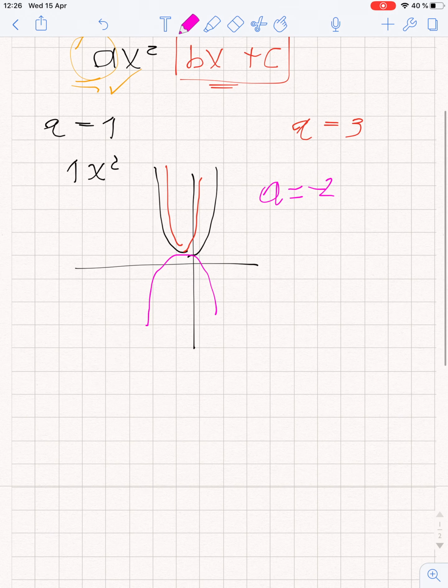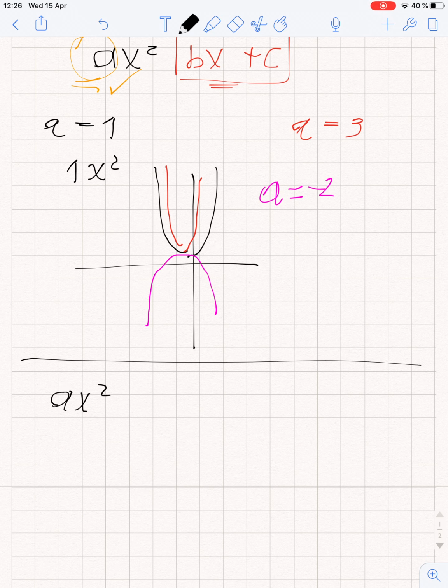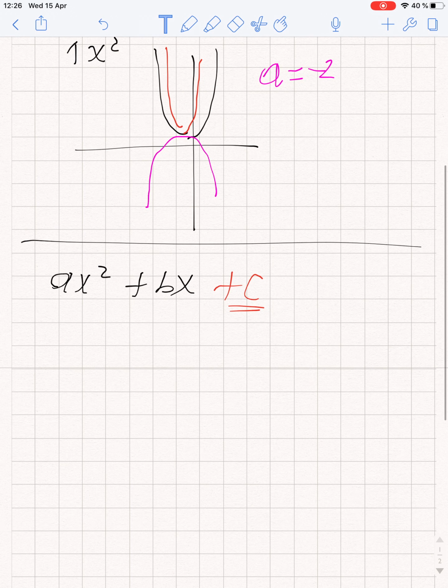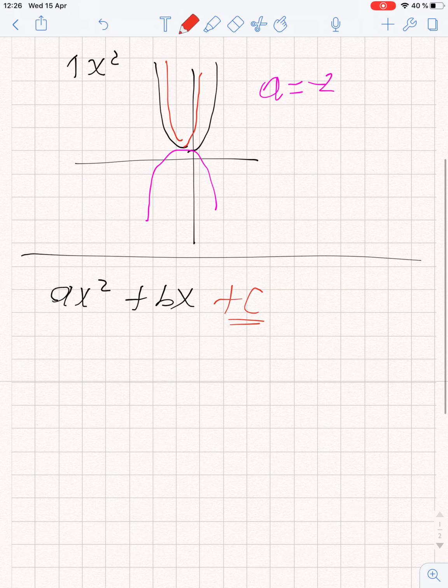Now, what happens when we have values for b? For example, x squared plus bx, but we don't consider the value c. In this sense, I'm going to do an example. For example, I'm going to take the same 1x squared plus 1x.